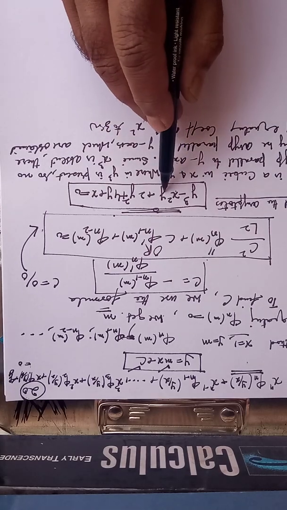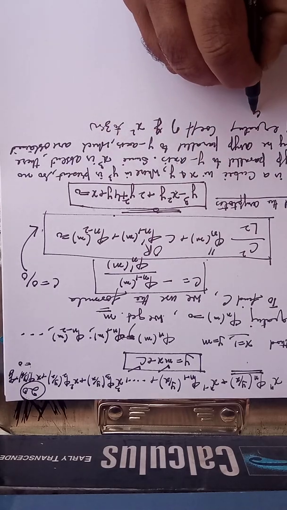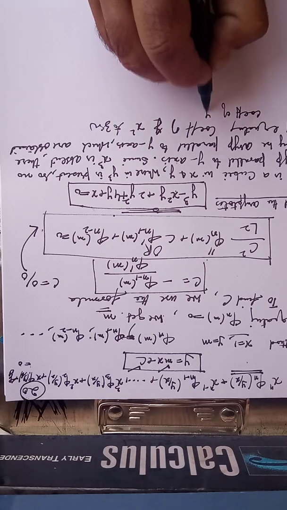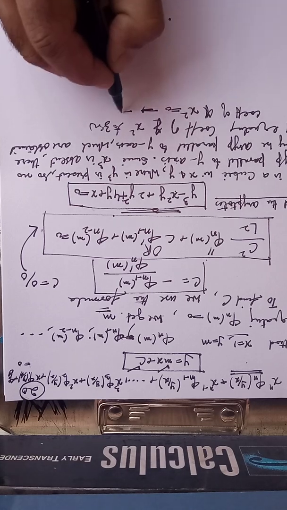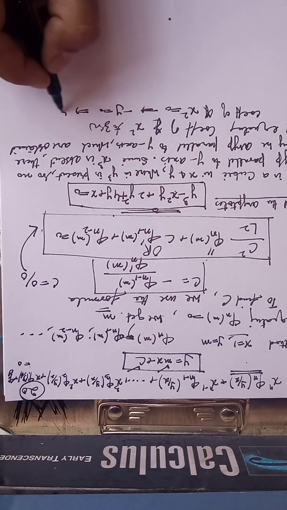Now what is coefficient of x square? It is minus y. So coefficient of x square equals 0 implies minus y equals 0 implies y equals 0.